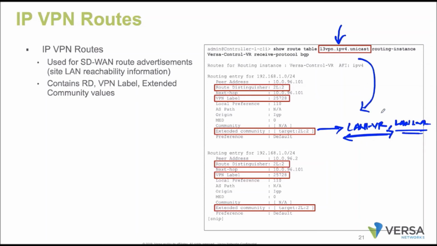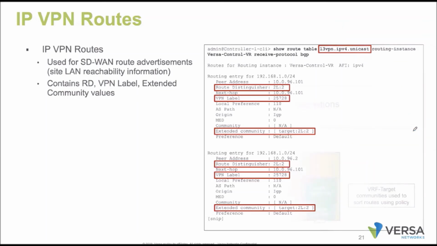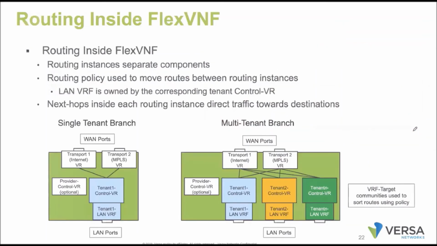If it is matching with this RT information, it places in LAN 1. If it is matching with LAN 2 RT information, it gets placed in LAN 2. Right. So this is what we have discussed yesterday.